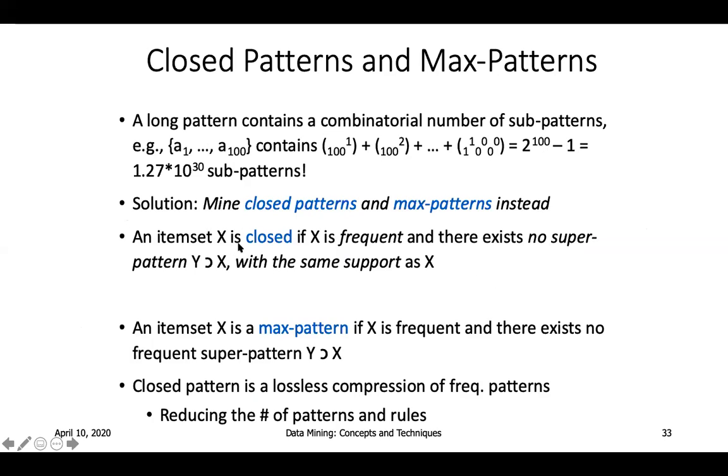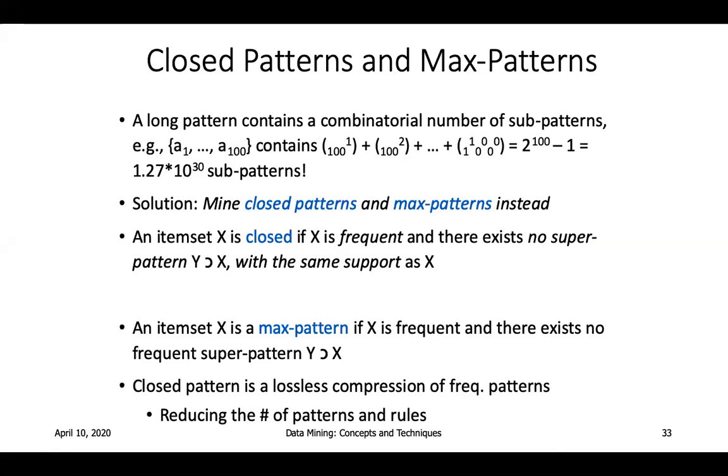An itemset X is closed if X is frequent and there is no super pattern Y, a superset of X, with the same support as X. An itemset X is a max pattern if X is frequent and there exists no frequent super pattern Y, a superset of X.